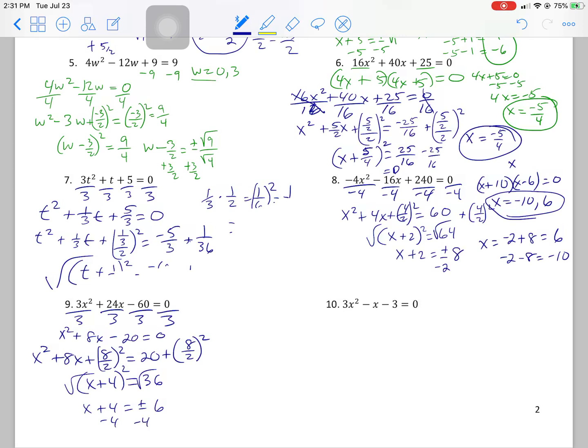Which means it would have factored. Stick with it here. Let's see, move the 4 over. Negative 4 plus 6 is 2. Negative 4 minus 6 is negative 10. So when you get whole numbers here, that means it would have factored way back up here.